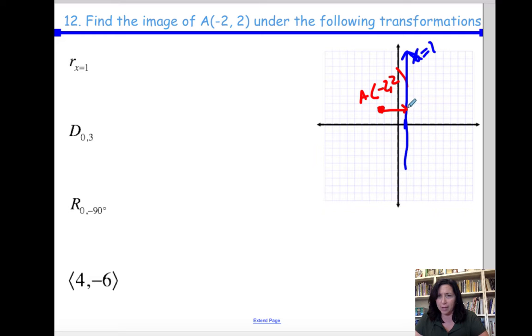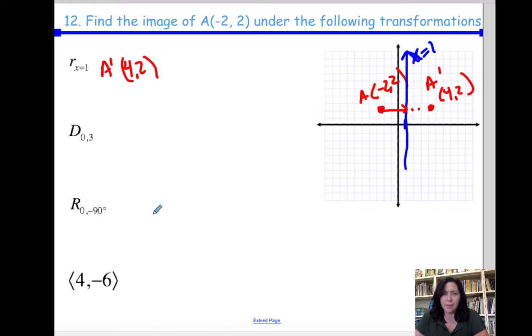So if this was 1 and I count over 1, 2, 3, now I'm actually at over 4, up 2. So 4, 2. And so this would be A prime. So that's over 4, up 2. Okay, so that's done. A prime would be the point (4, 2).